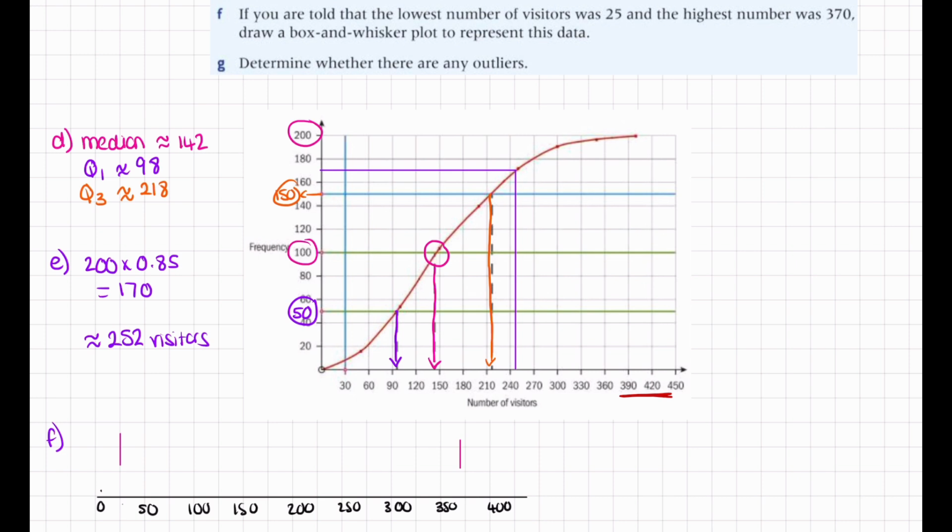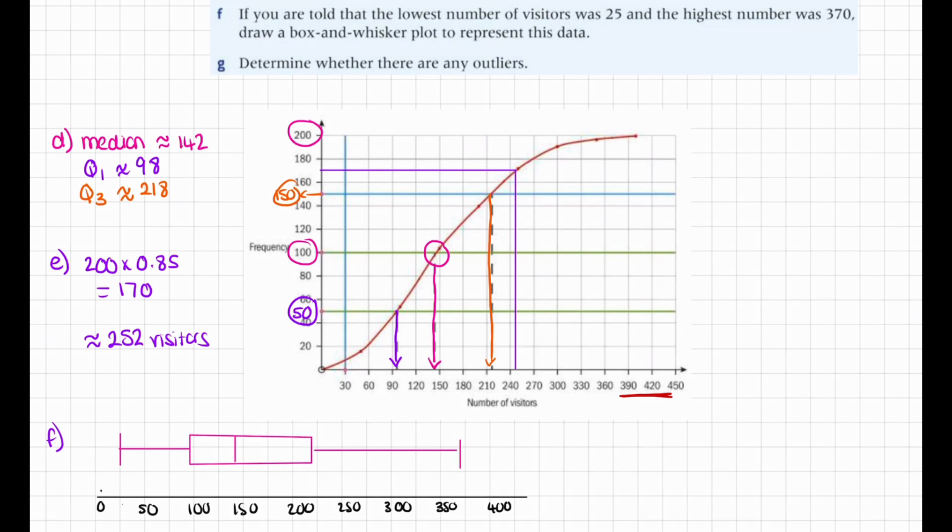Quartile 1 and quartile 3, the median I worked out in part D. So quartile 1 was at 98, so I'm going to draw a line at 98. Median is at 142. So it'll be somewhere about there. And quartile 3 was at 218, which will be somewhere around there. And then we can draw all my lines to create the box plot.